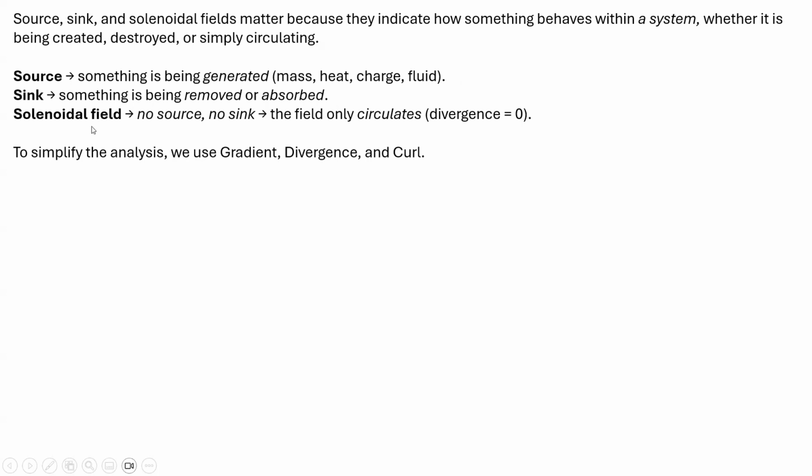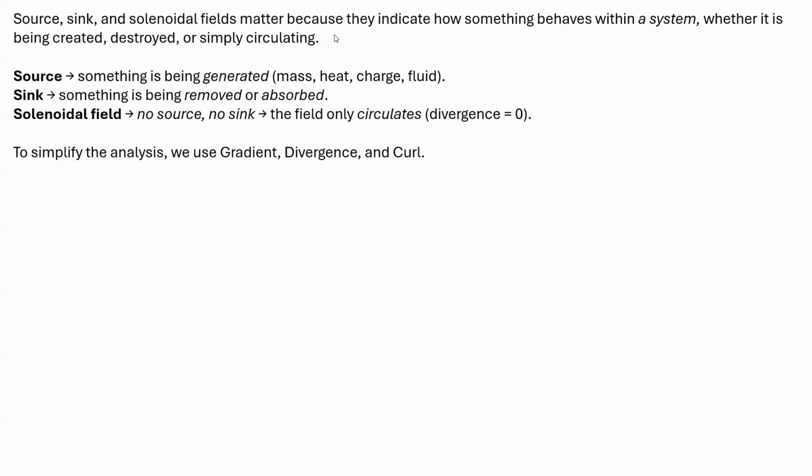Talking about sink, that means something is being removed from the system or absorbed from a particular system. Solenoidal means there will be no source and no sink, so it will only circulate, and in that case the divergence becomes zero. We will talk about it later in this video. These are the basic concepts of source, sink, and solenoidal. Try to remember them.